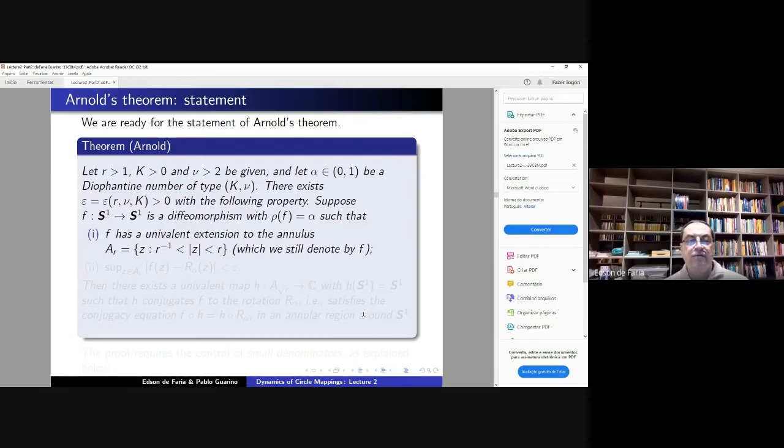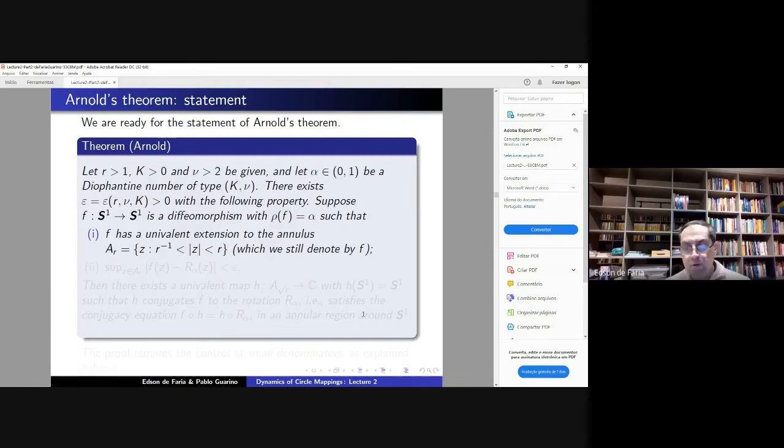First condition is that f has a univalent extension to the annulus A sub r, which is the annulus that has external radius r and internal radius 1 over r. What do I mean by univalent? I mean a holomorphic injective function.